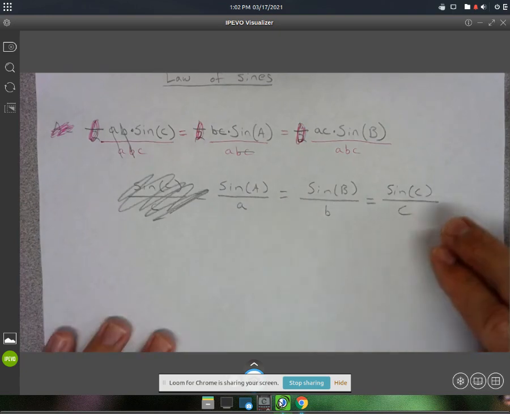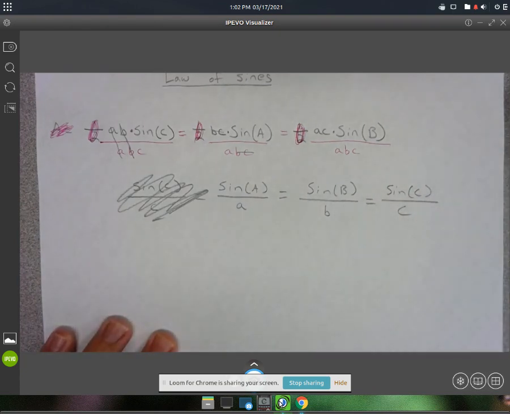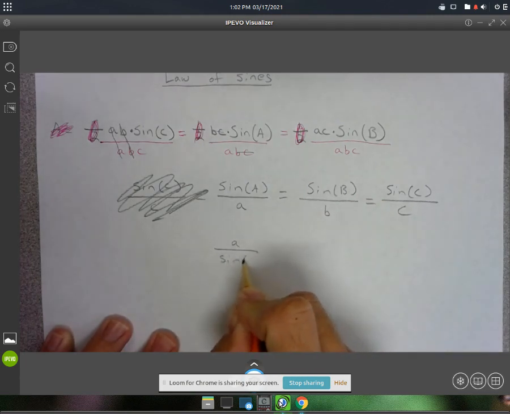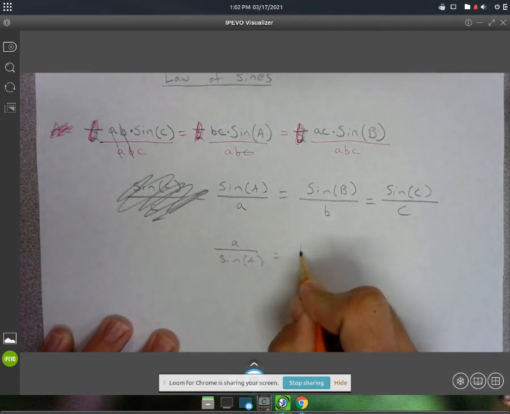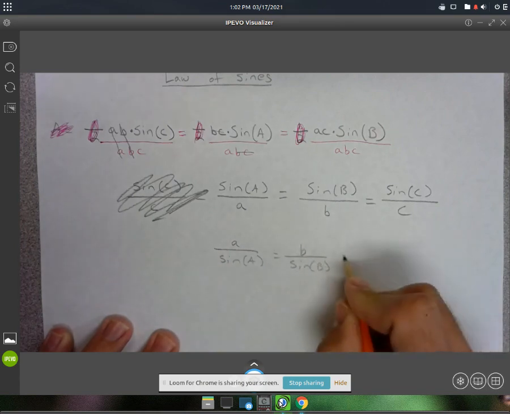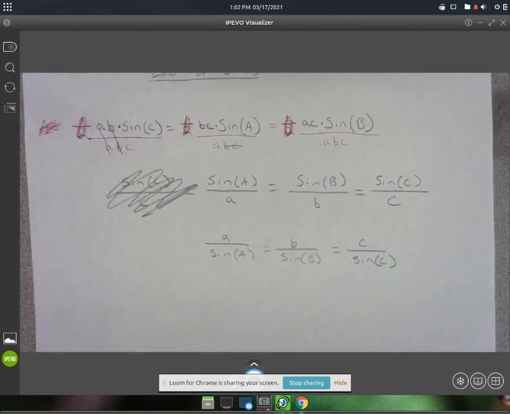A lot of times you'll flip this as well. So you could have A over sine of A equal to B over sine of B. Depending on what you're solving for, you'll want to use one versus the other.